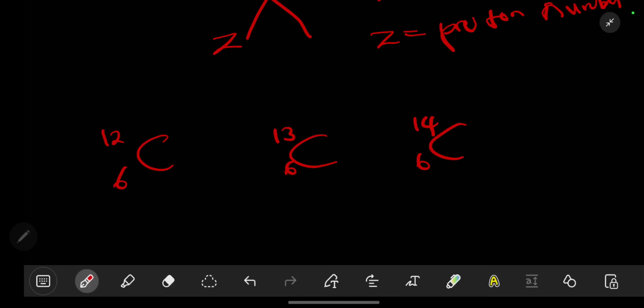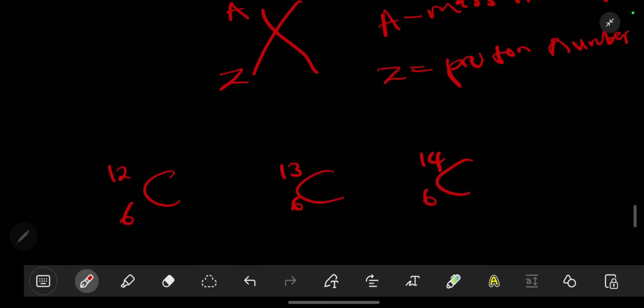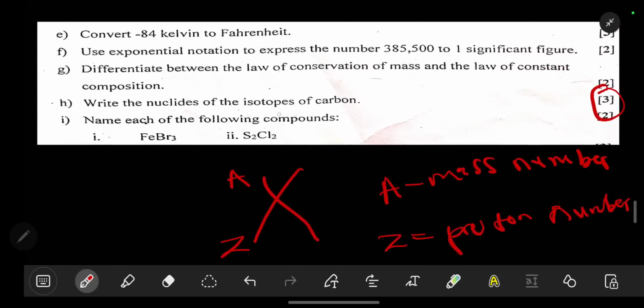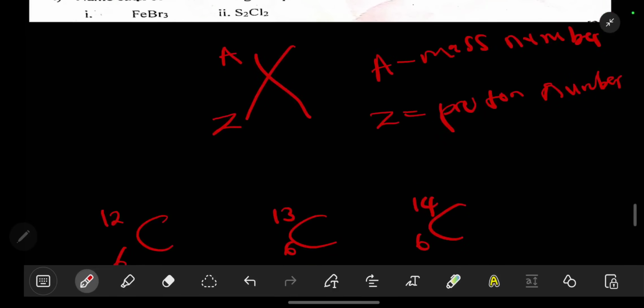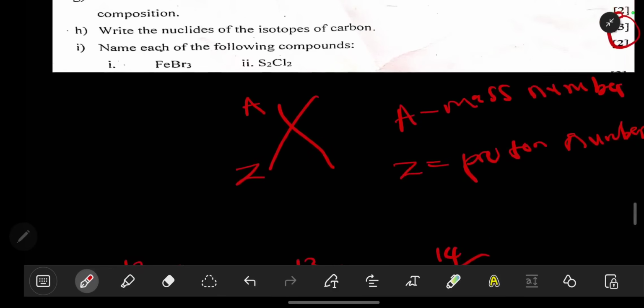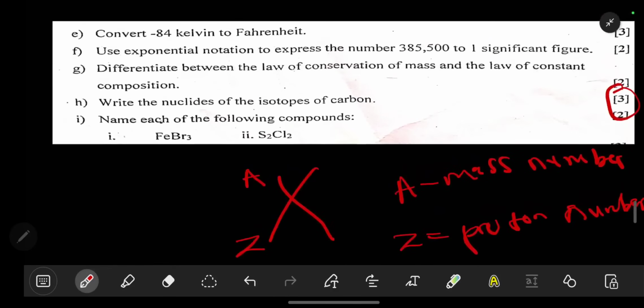The only difference is the number of neutrons, which does not show on the nuclide notation. So you can just write carbon 12, 13, 14.